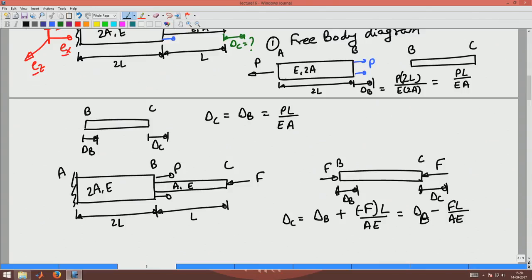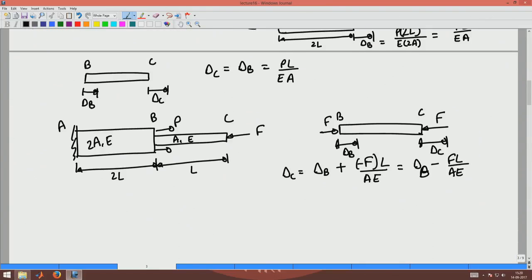Now, delta B is not same as what we had before, because the force acting on member AB also will differ now. So, the force acting on member AB would be the following. There is a force P acting here and there will be a force F acting here.